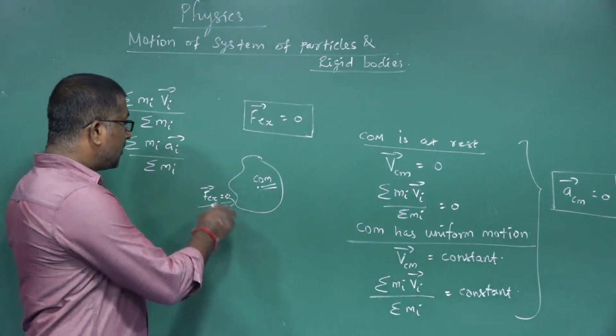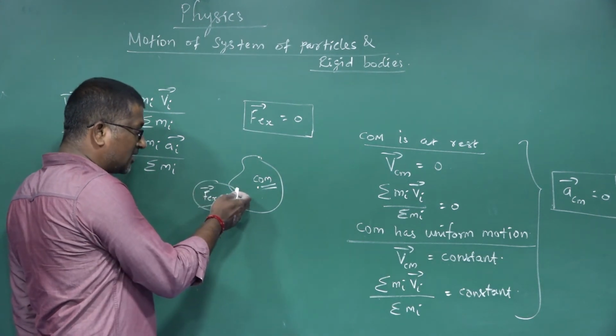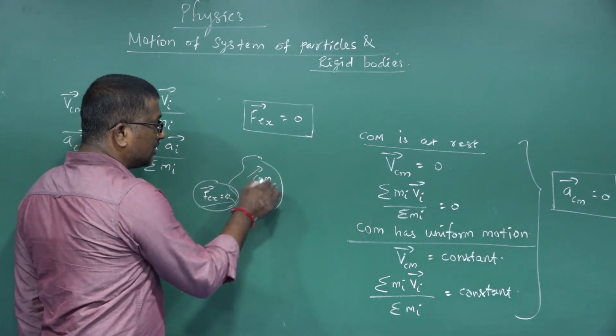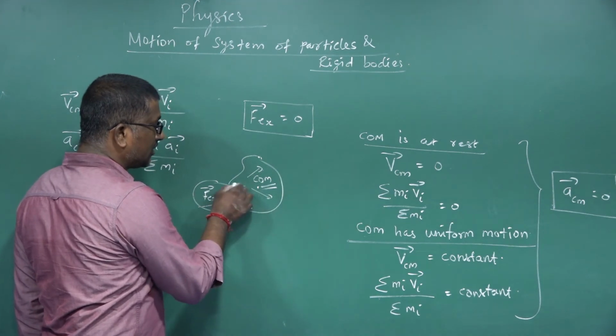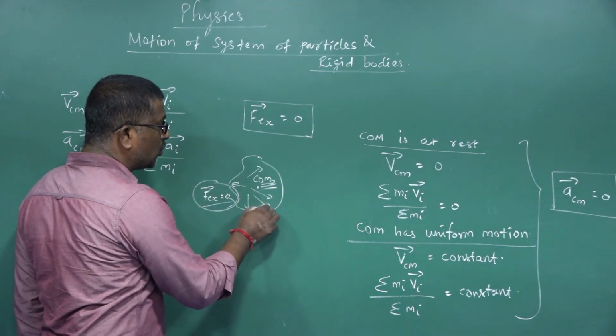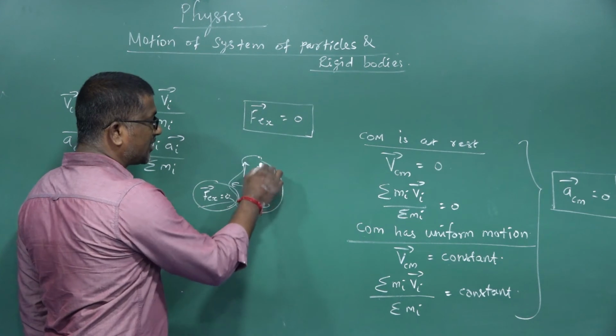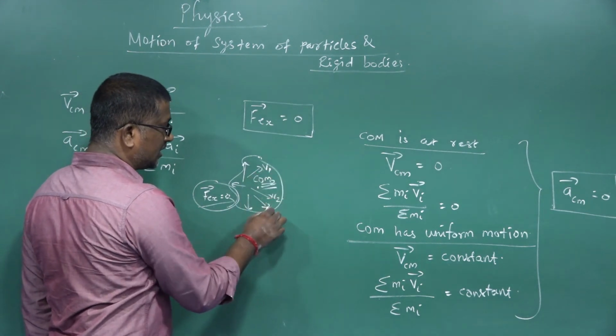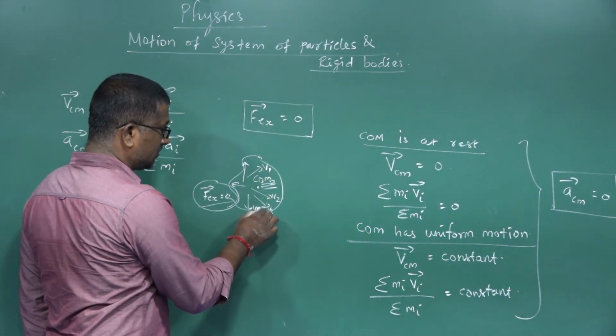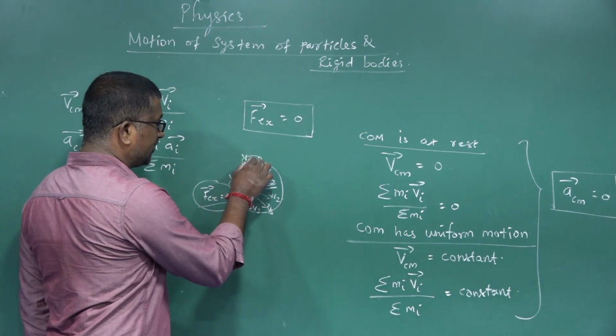Even if there is no external force acting on the rigid body, the particles in the rigid body may move with their respective velocities and respective accelerations in various directions.